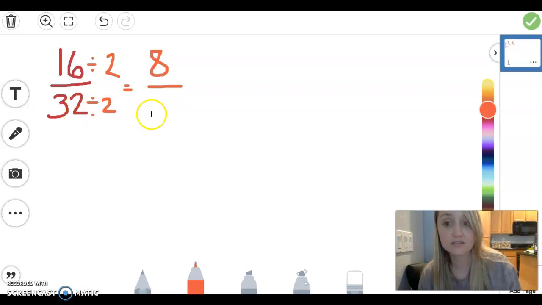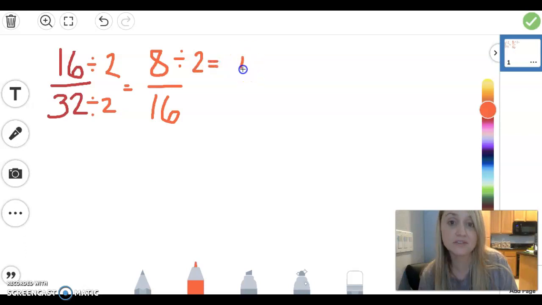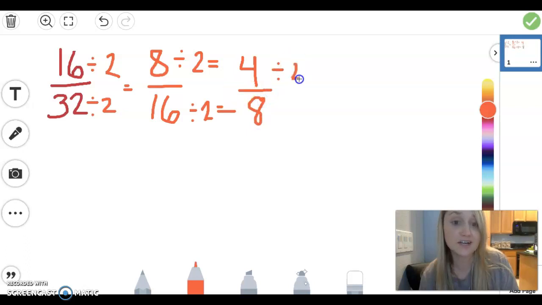And then 32 divided by 2 would be 16. Okay, and then if you just even kept going, oh, I'm going to keep going by 2, you're just going to keep going on for a very long time.